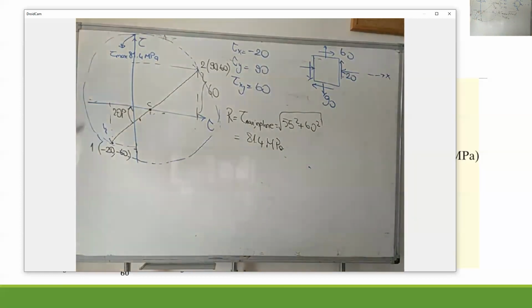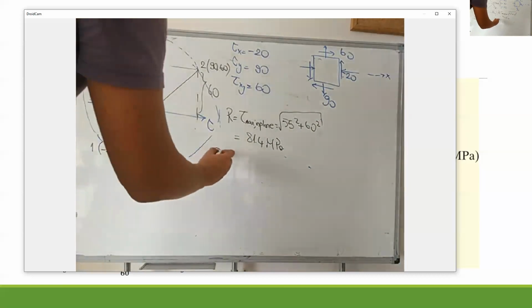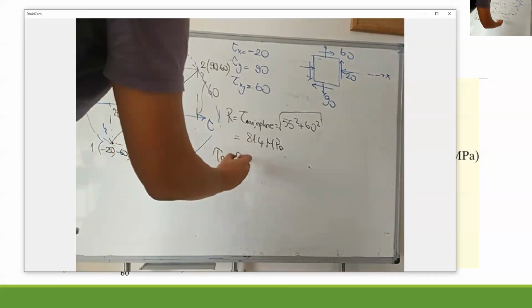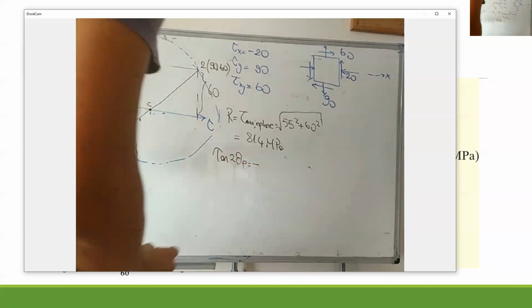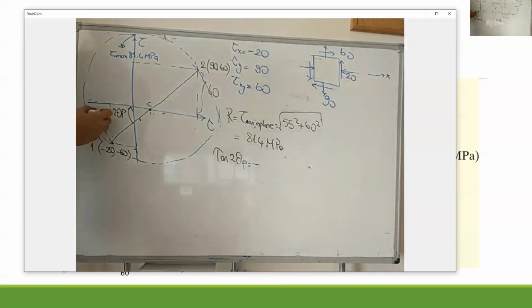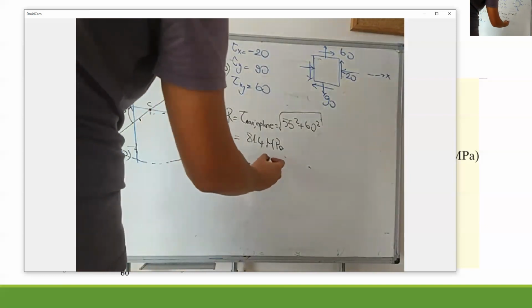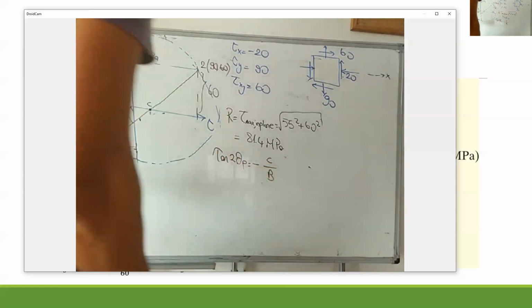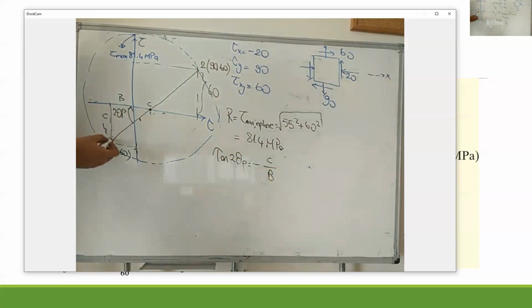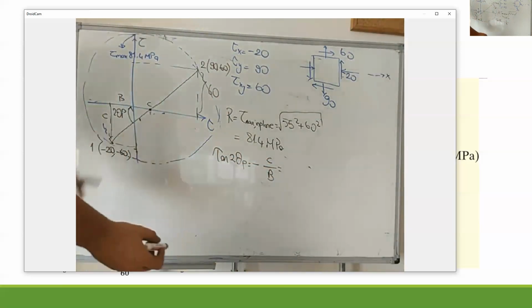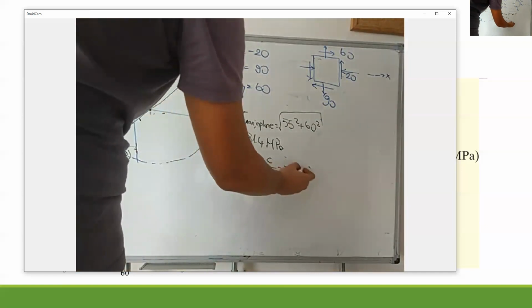You remember that, first of all, tangent 2 theta p is equal to minus C divided by B. Remember, this is the C, this is the B. The C value you can see is going in the downward direction, so I want to write negative 60.